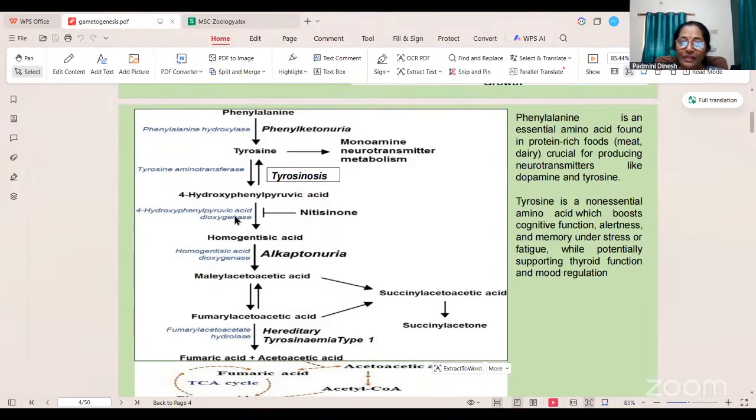Homogentisic acid will be further metabolized to maleylacetoacetic acid with the help of homogentisate dioxygenase. And then this acid will be further metabolized to fumarylacetoacetic acid and further to fumaric acid and acetoacetic acid with the help of the hydrolase enzyme.